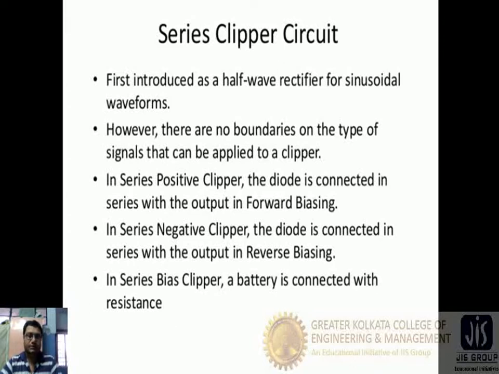In a series positive clipper, the diode is connected in series with the output in forward bias. In a series negative clipper, the diode is connected in series with the output in reverse bias. In a series biased clipper, a battery is connected with the resistance.